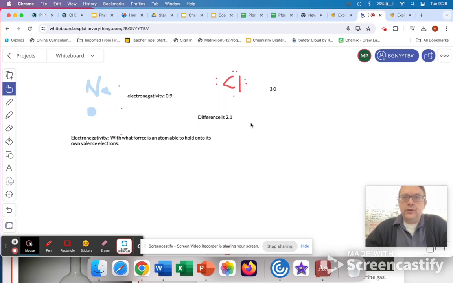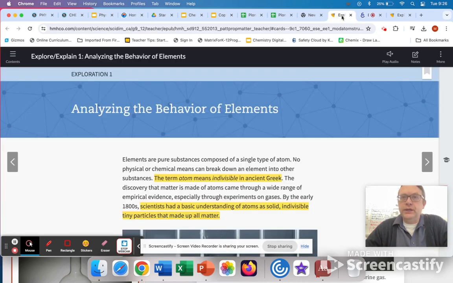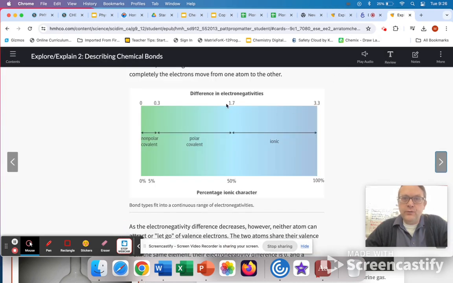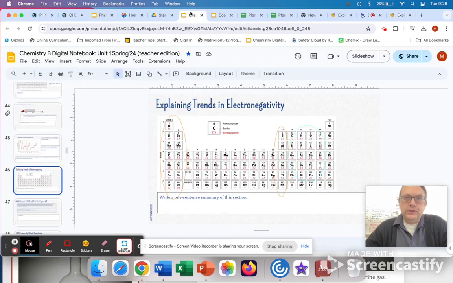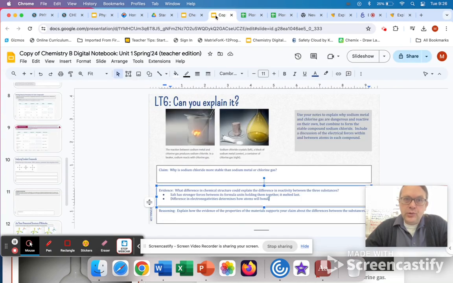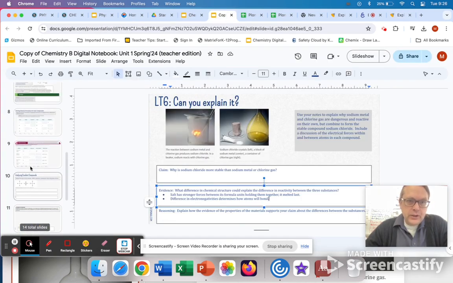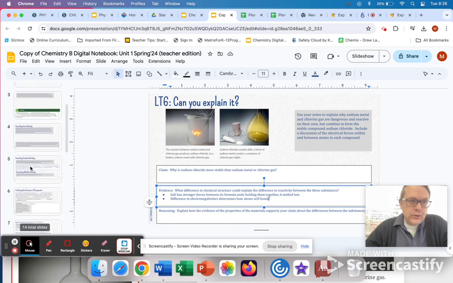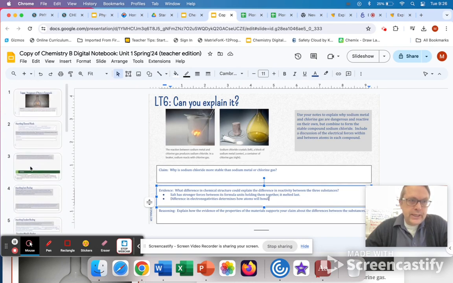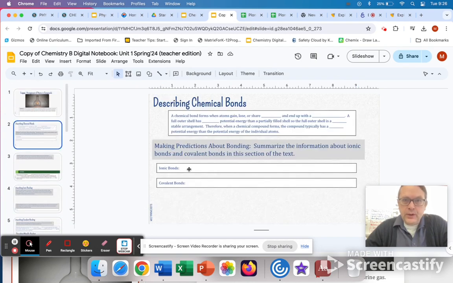And so if the difference is above 1.7, this will be called an ionic bond. Okay, so that's important to add to our summary slide about ionic bonds.